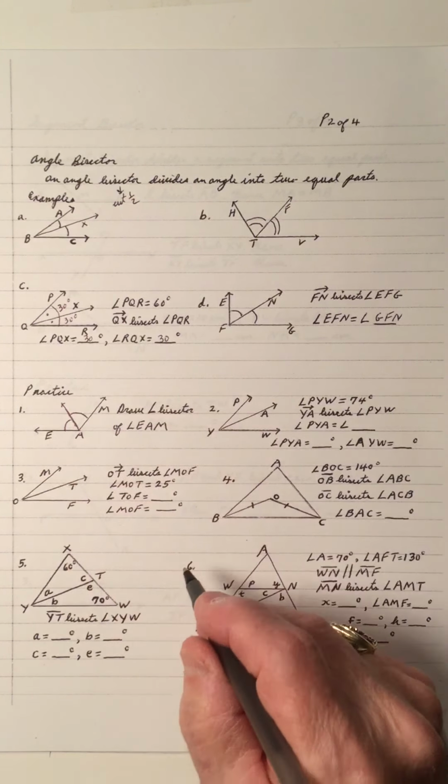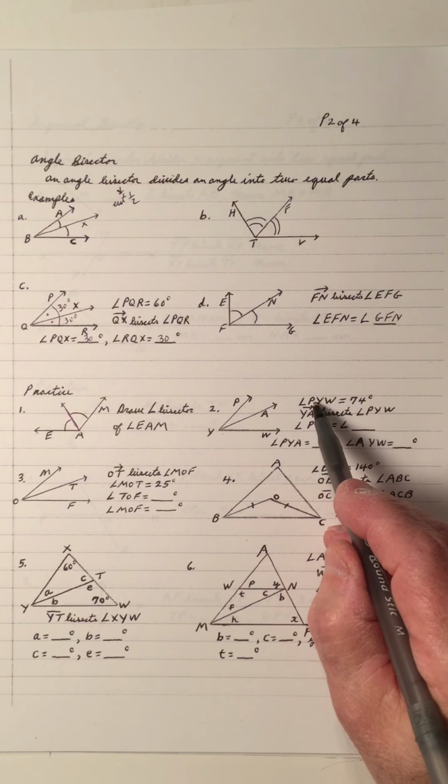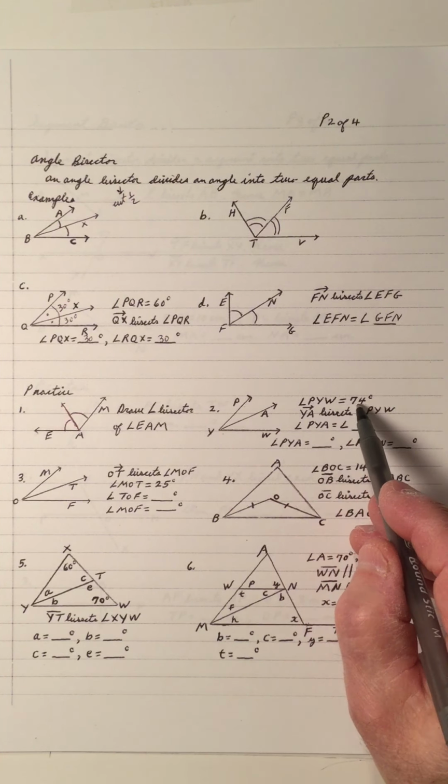Number 2, we have PYW and YA is a ray. If PYW is 74, so this big angle is 74 degrees, and YA bisects PYW, that means that PYA is equal to WYA.